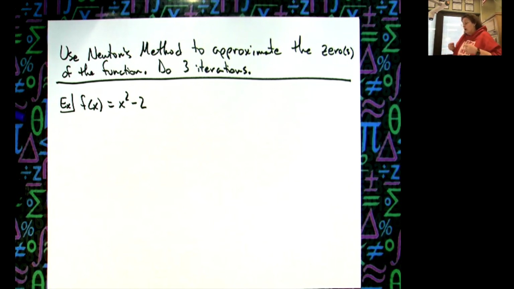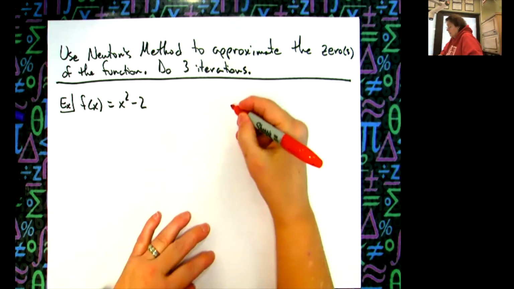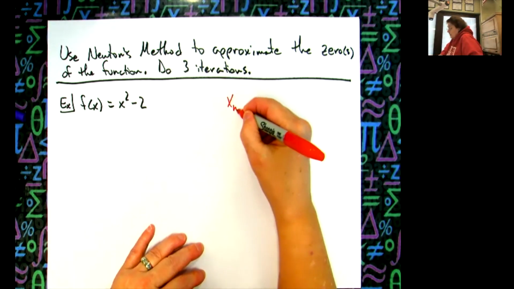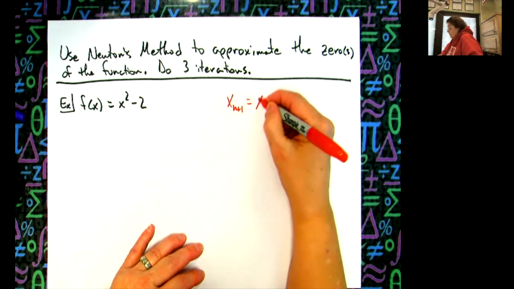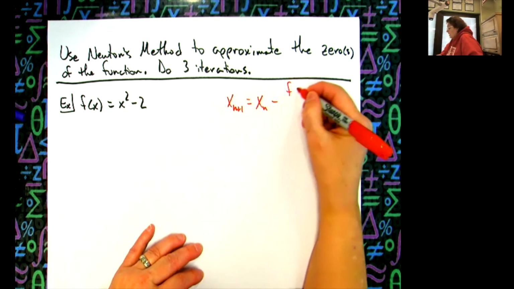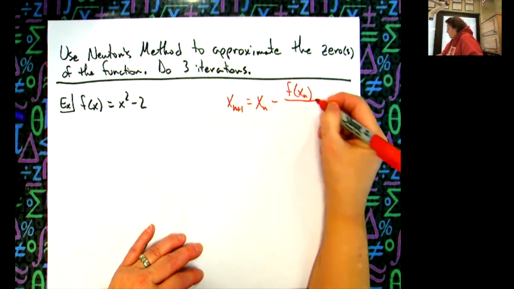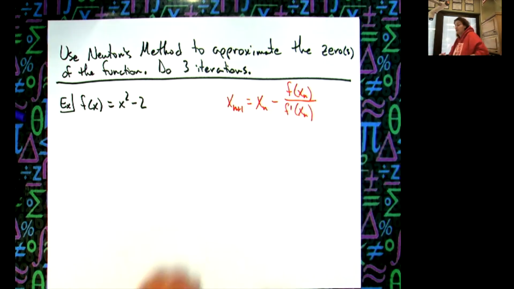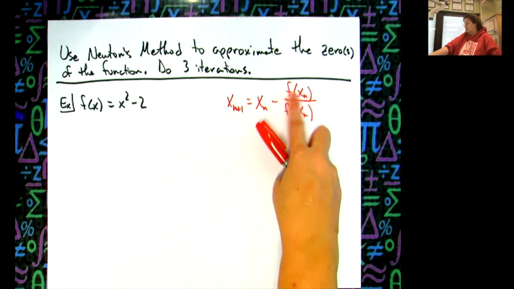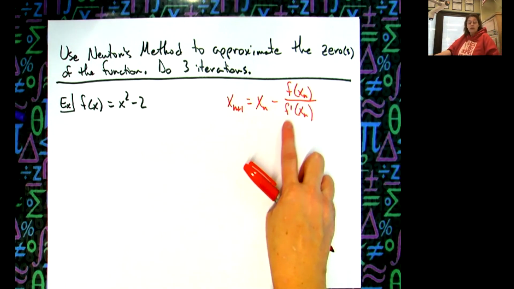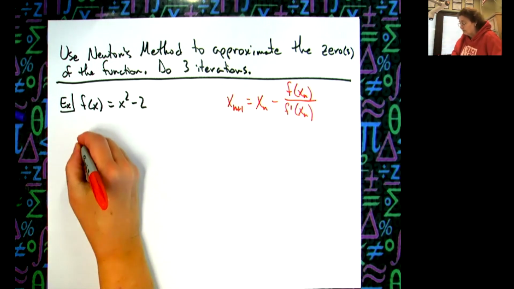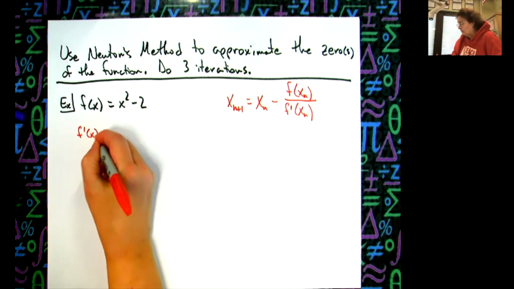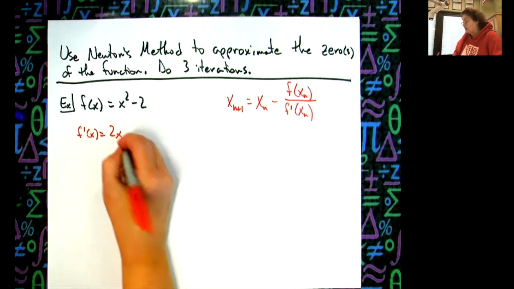So let's rewrite the formula over here. x of n+1 is equal to x of n minus f of x of n all over f prime x of n. Clearly, in our formula, we need our function and we need our derivative. So the first thing you need to do is calculate that derivative. This is a nice simple little derivative, 2x.